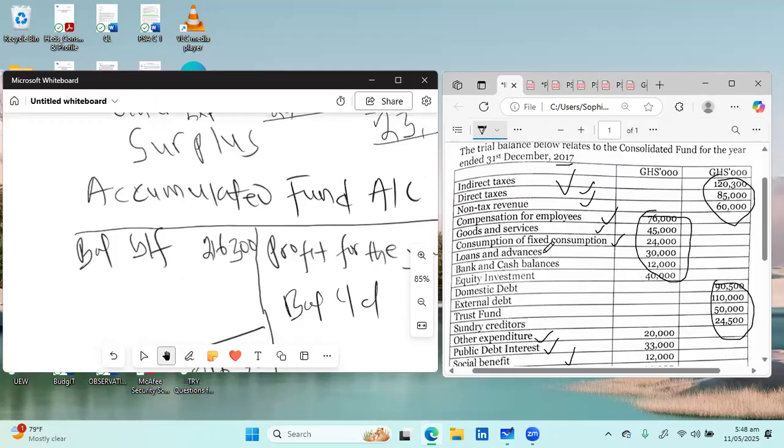I haven't taken this. Look, what will this one tell you? Loans and advances. What does it tell you? Look at the position. It is at the debit side of the trial balance.